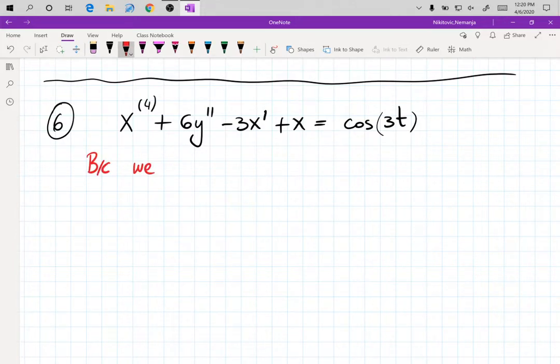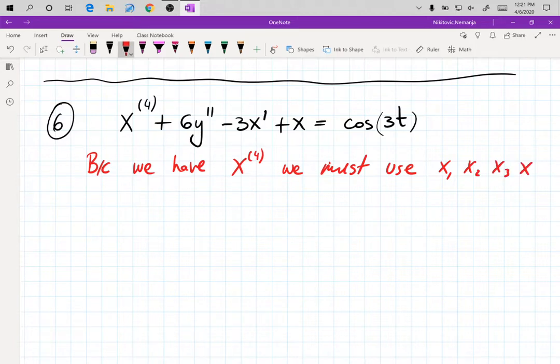Because we have x to the 4, we must use x1, x2, x3, x4.